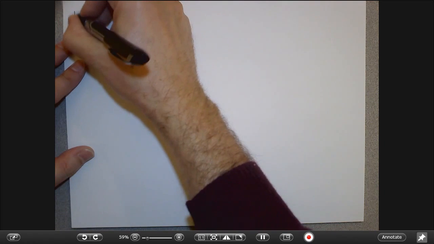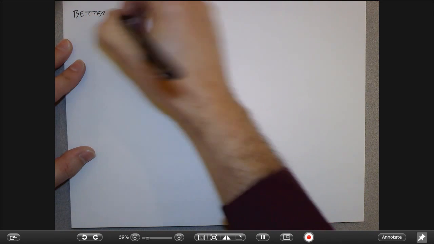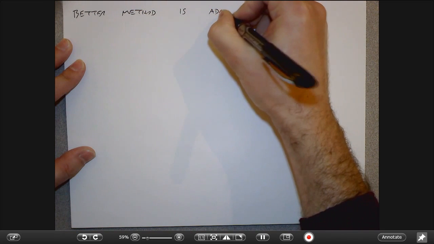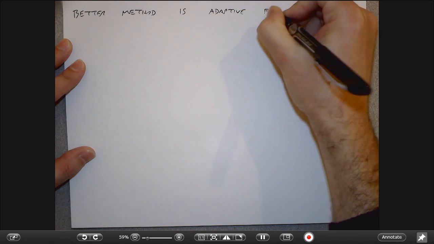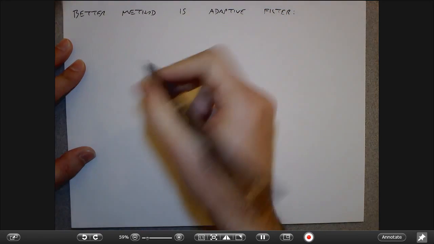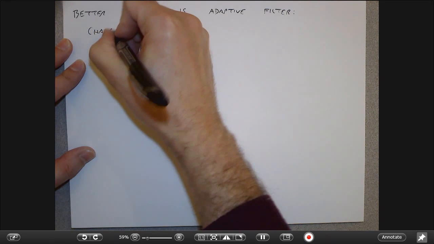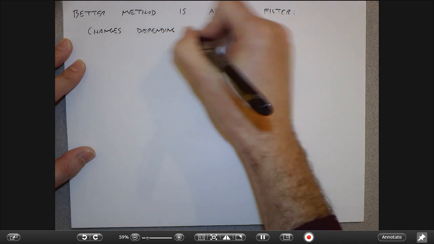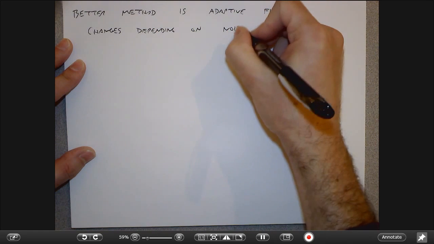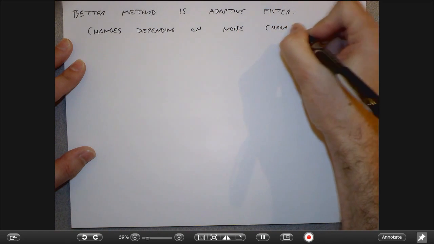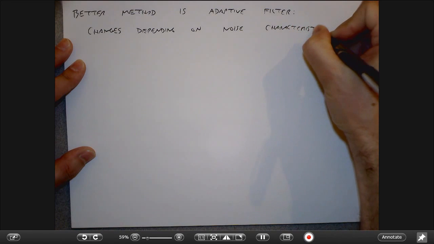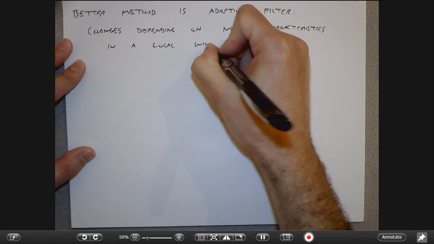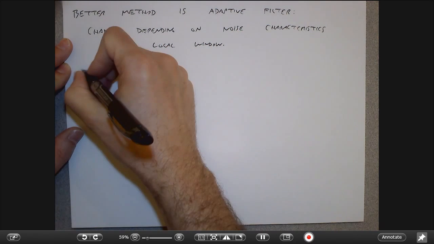And so a better method is what I would call an adaptive filter. This is going to change depending on the noise characteristics in a local window around a pixel.